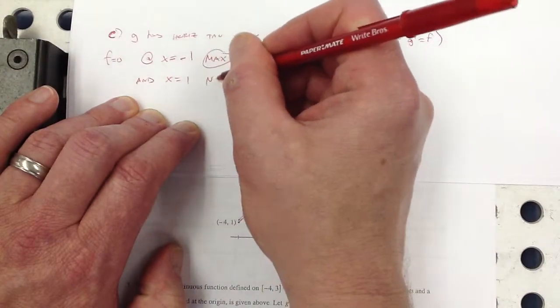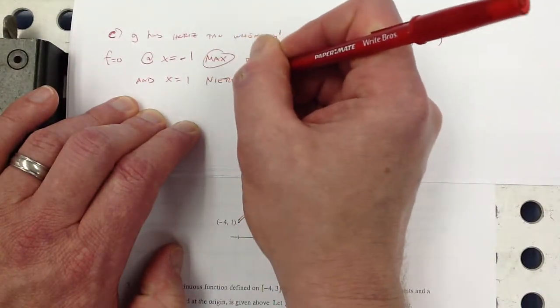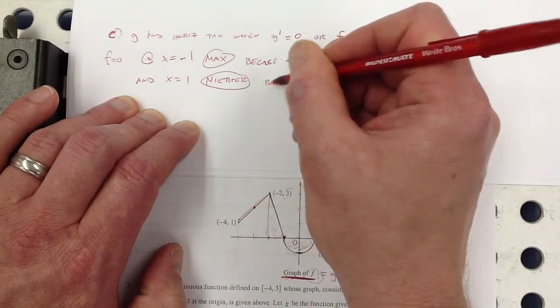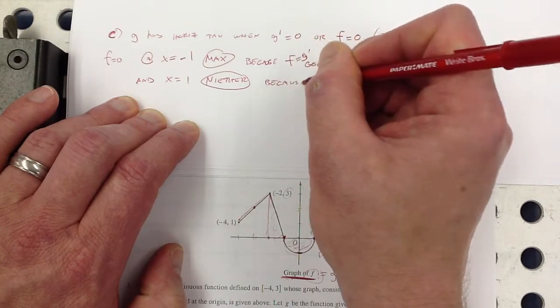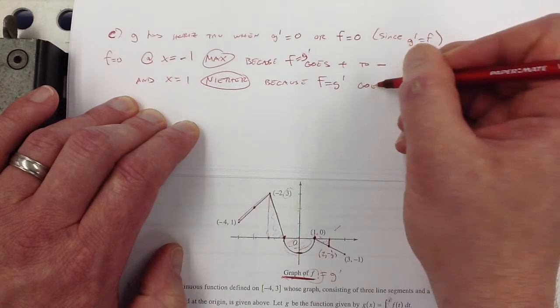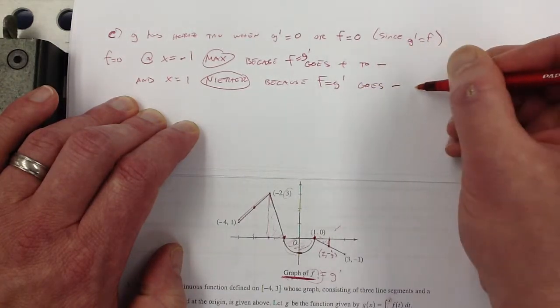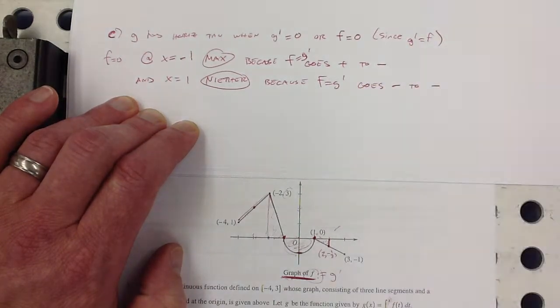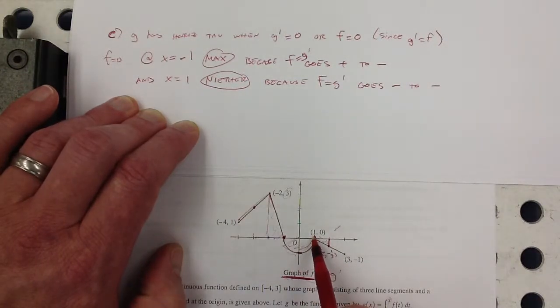And this one is neither, because f, which is the same as G prime, goes negative to negative. It doesn't change, right? It goes from decreasing to decreasing again.